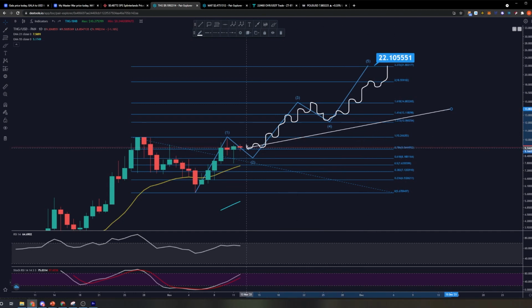You buy here, but don't put all your eggs in this basket. Spread out your buys, so maybe split your funds in half, so just in case you buy here at the 786, but it corrects from here, then you at least have some funds left to buy it maybe at the 618. Everything I say here is not financial advice.